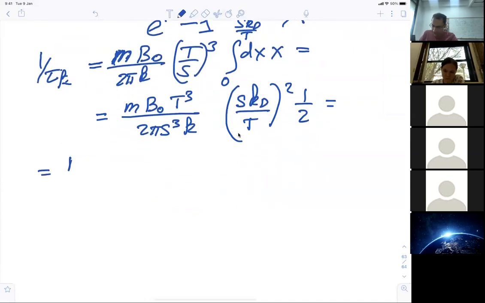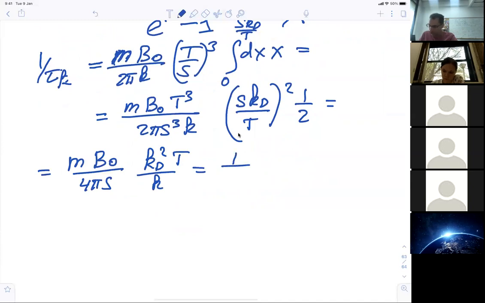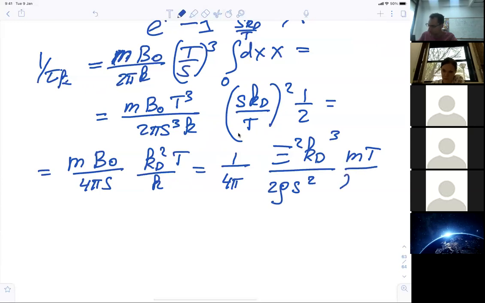This is equal to m b0 over 4 pi s k dB squared times temperature over k, and this is equal to 1 over 4 pi squared k dB cubed divided by 2 rho s squared m times temperature divided by k dB.